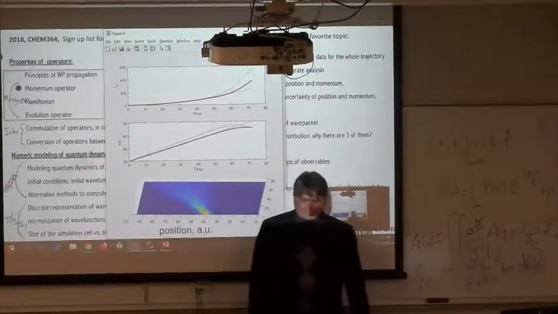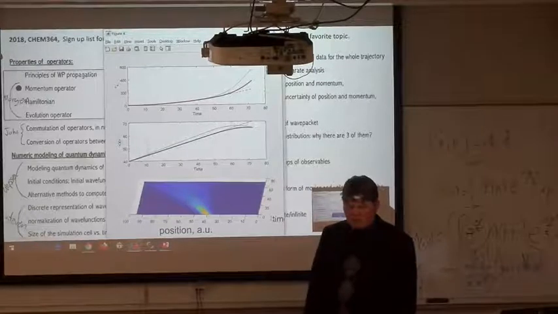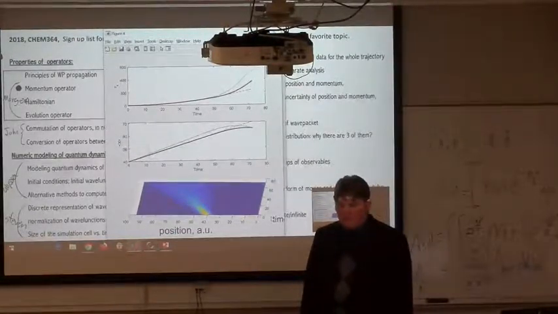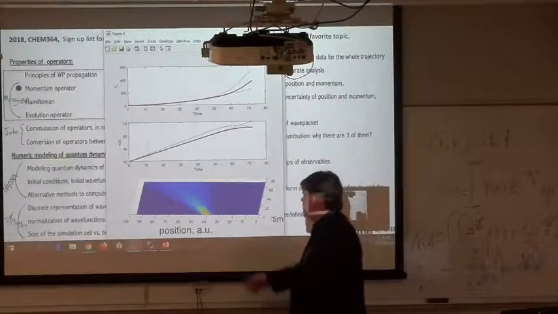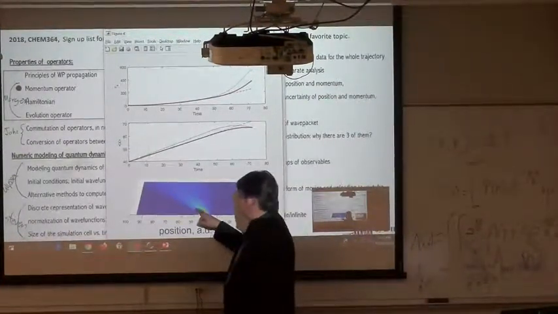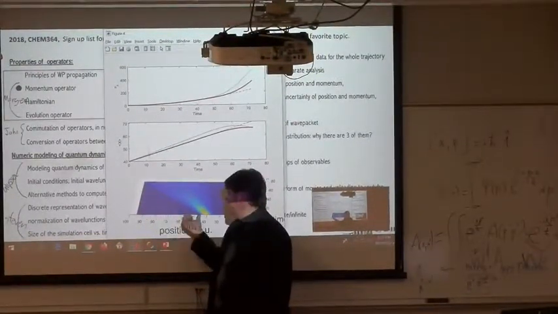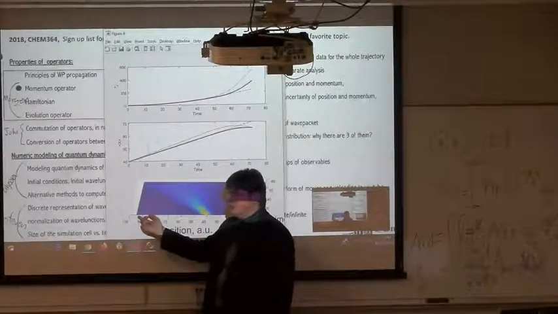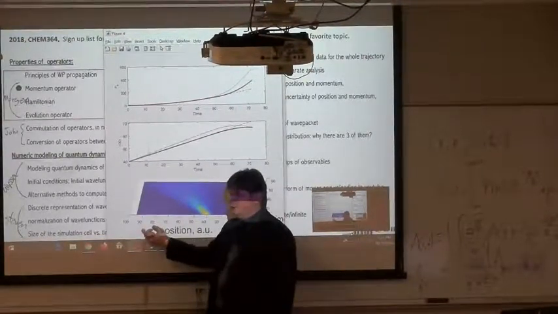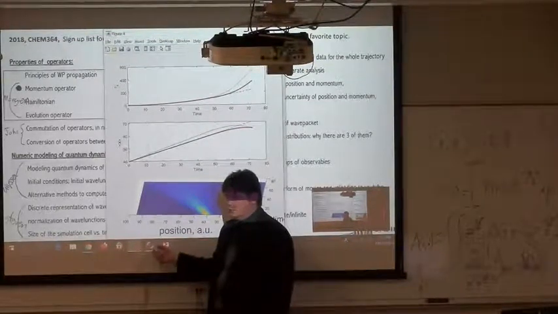So the question is, what is the maximal value of momentum so that the wave packet doesn't hit the wall? So you just take the distance from center to the edge, divide by time of simulation, and get the velocity.